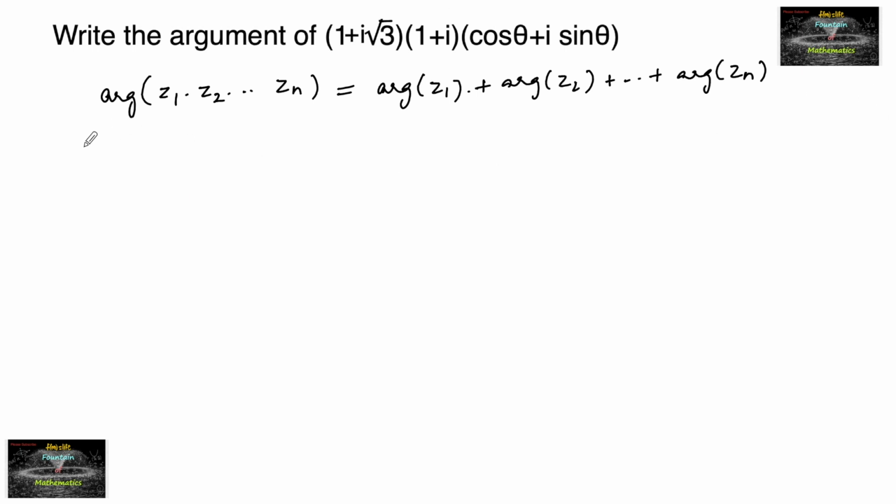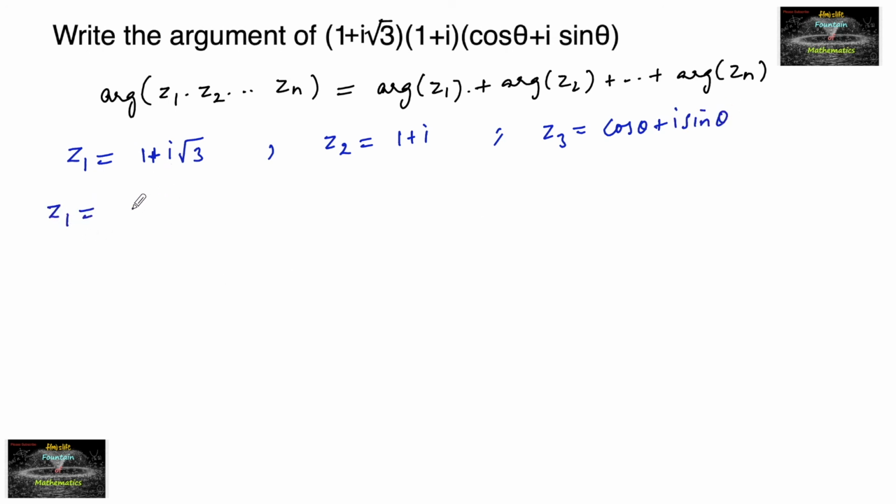So here let us consider z1 = 1 + i root 3, z2 = 1 + i, and z3 = cos theta + i sin theta. So z1 we can also write by multiplying and dividing with 2: 1 by 2 + i times root 3 by 2, and z2 we can write by multiplying and dividing with root 2: root 2 times (1 upon root 2 + 1 upon root 2 i).